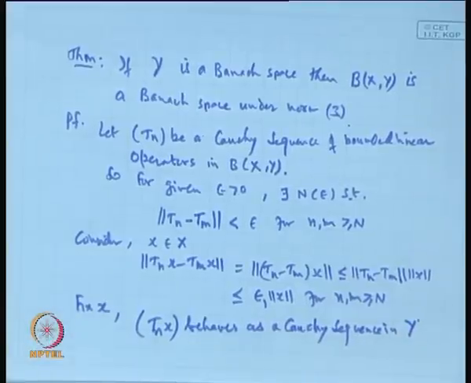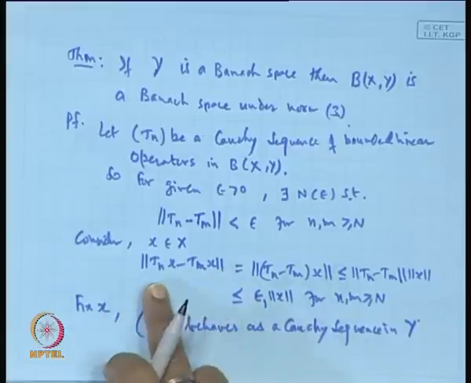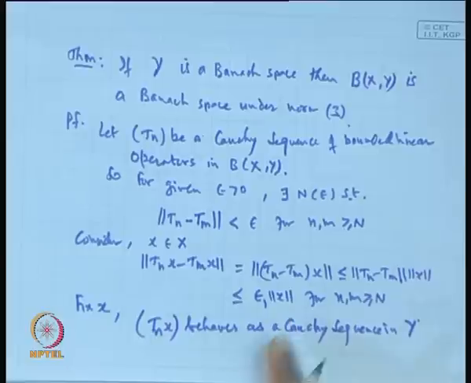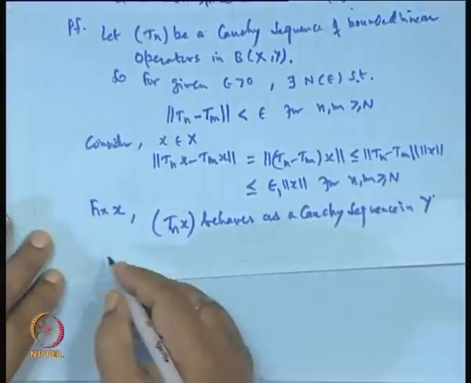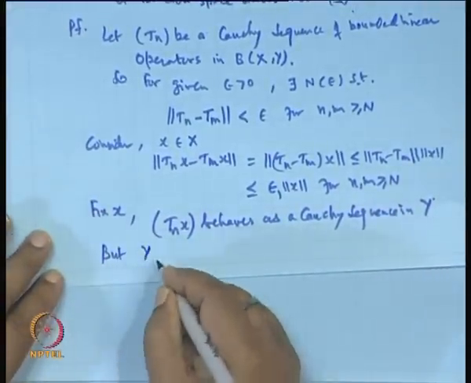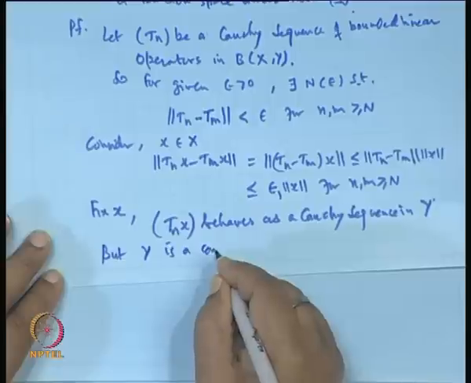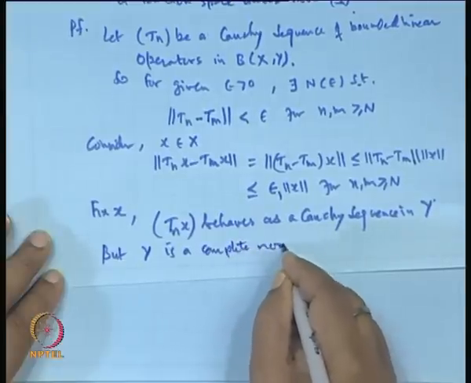Because T n x is the image of x under T n, it is a point of Y, and any arbitrary difference is less than epsilon. Therefore, for fixed x, it is a Cauchy sequence in Y, but Y is a complete normed space, because it is Banach.